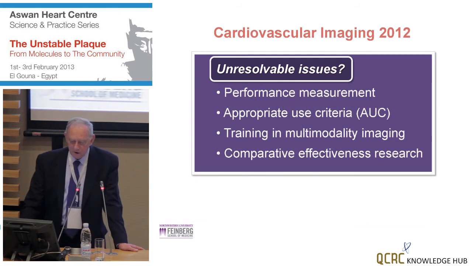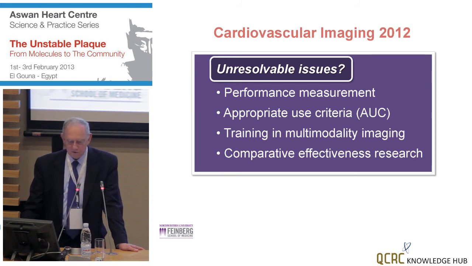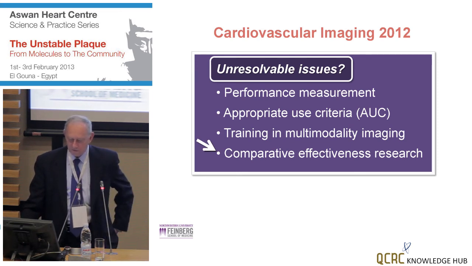They could be resolved by a different form of research, looking at performance measurement, appropriate use criteria, training and multimodality imaging, comparative effectiveness research. Which test in which setting, perhaps in some cases no test might be the best test at all.